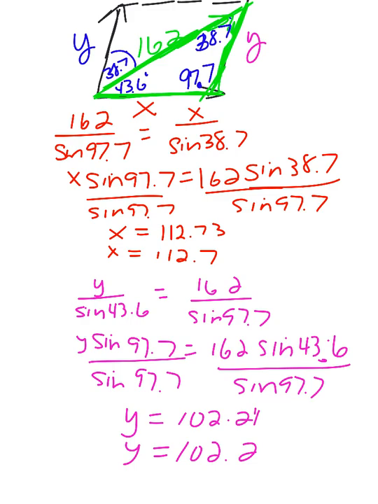Okay, so let's take a look at number 6. We have two forces acting on an object. The first force has a magnitude of 78 and makes an angle of 31 degrees with the resultant.